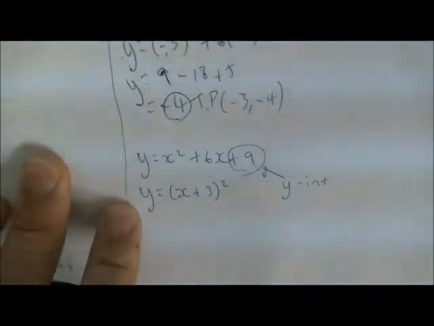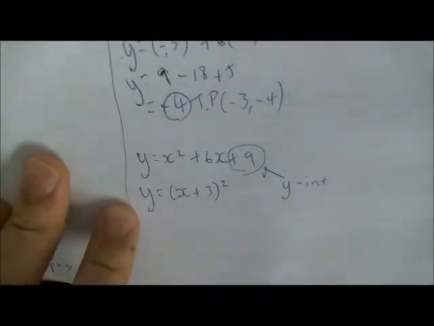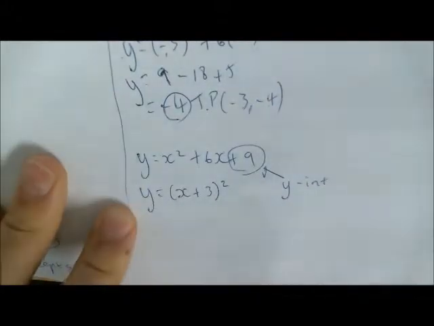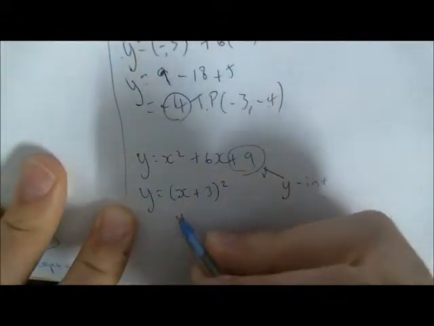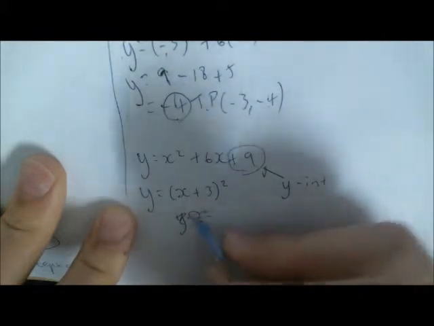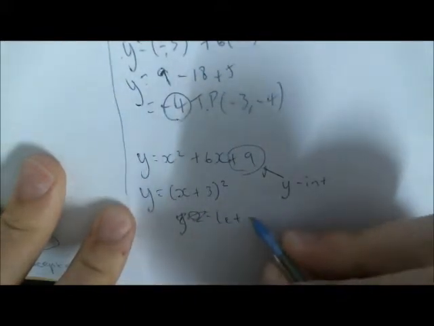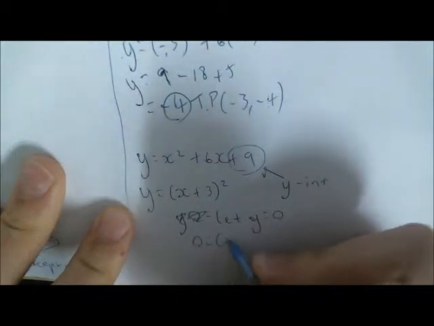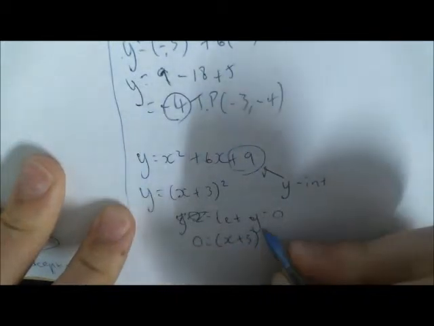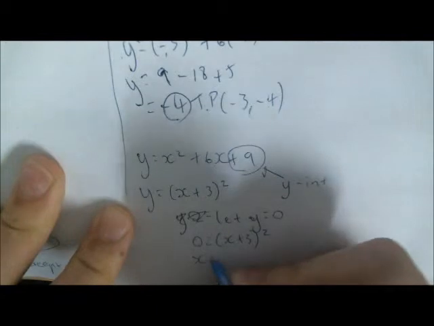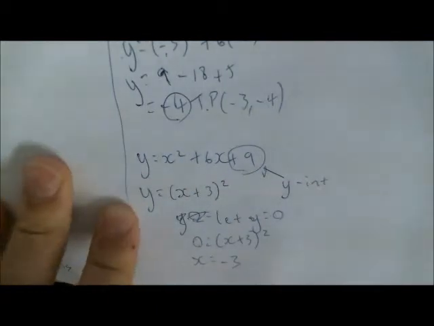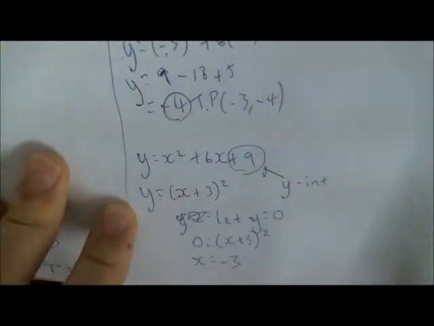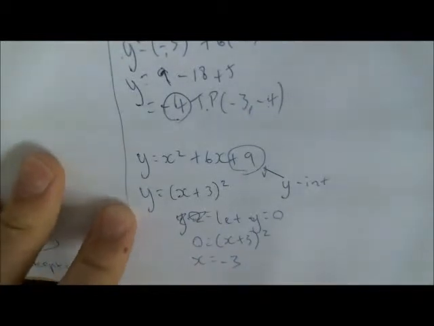So we know the graph is going to pass through plus 9. If I let y equal 0, then 0 will equal (x plus 3) all squared, so there's only one solution. That means there's only one x-intercept.